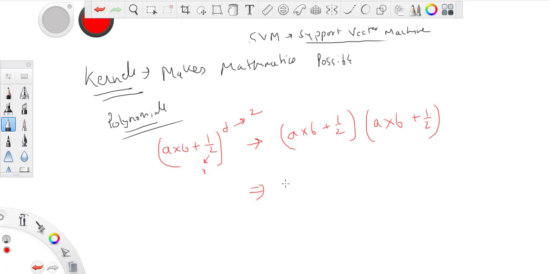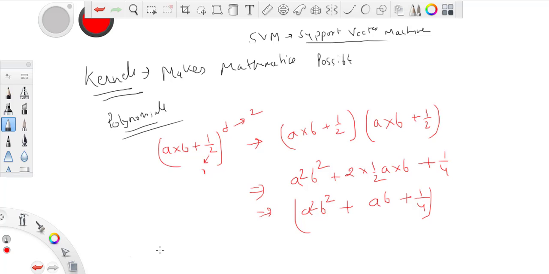So if I expand this, I'll get a square b square plus 2 times 1/2 of ab plus 1/4, which is essentially a square b square plus ab plus 1/4, right?